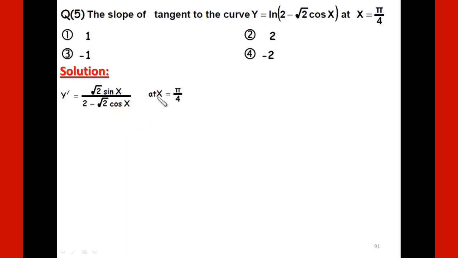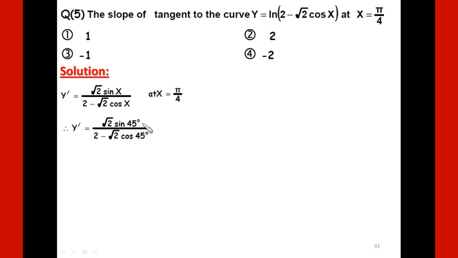Now we substitute x equals pi over 4. Instead of x we write pi over 4. And we know that pi over 4 equals 45 degrees in the degree measure.